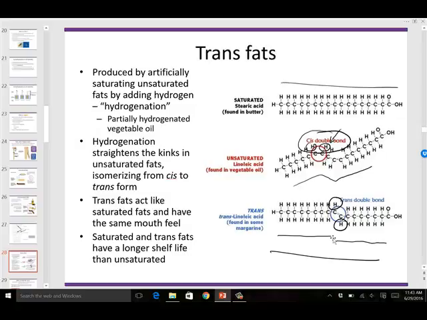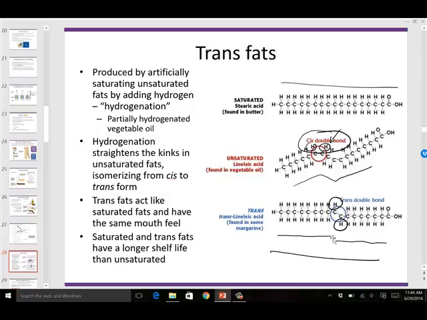And the reason why we do this is because both saturated and trans fats actually have a longer shelf life than unsaturated fats. They're less prone to decay, less prone to oxidation actually. And so obviously they last longer, especially in baked goods, and they feel better. They have a better what's called mouthfeel.